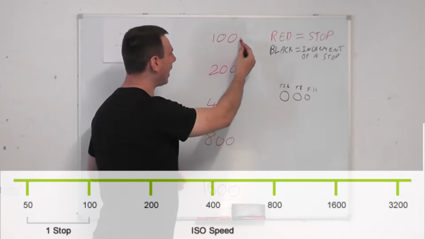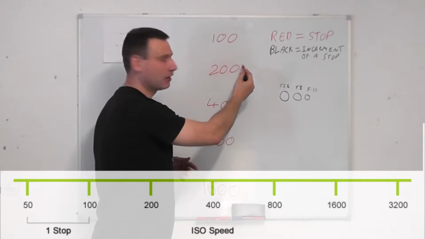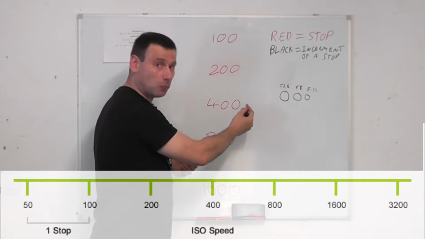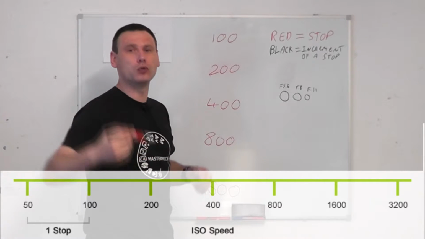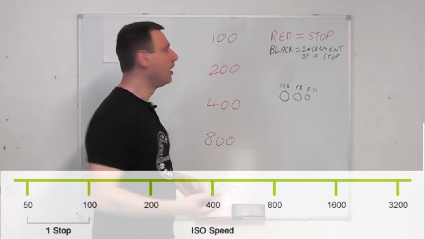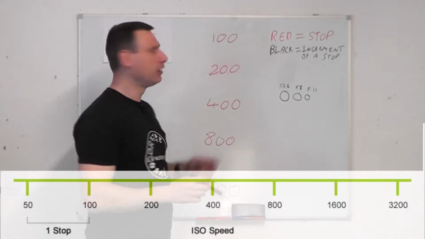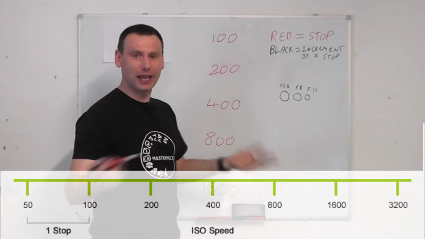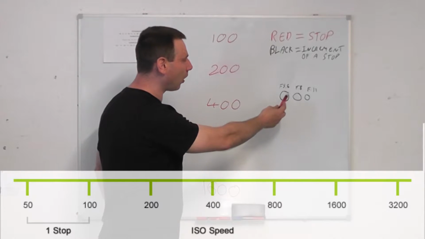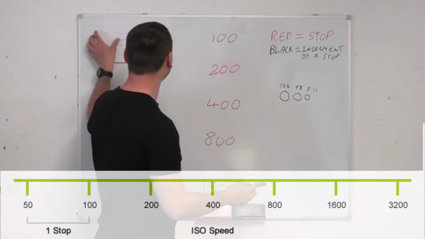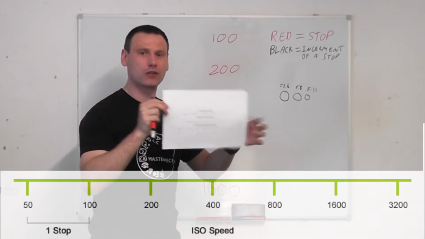Move to 400, you've doubled the amount of light again. And if you move to 800, you've doubled the amount of light again. So these are stops within the ISO range. In photography, stops are standard. So in aperture, the stops will be standard. And I've actually got this sheet here of the standard stops within photography.